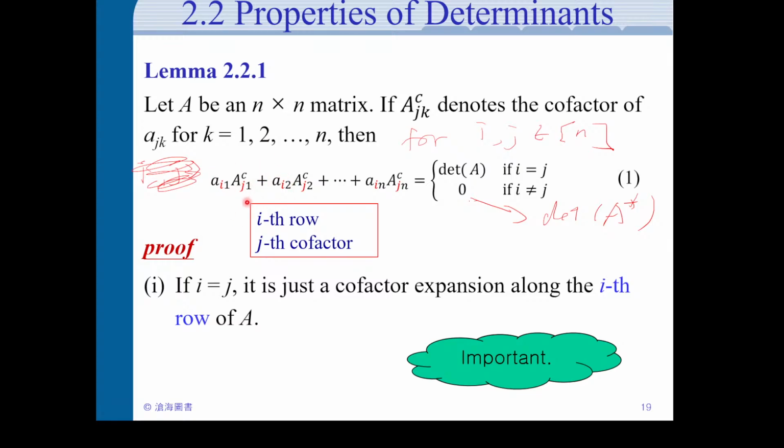So i and j might be the same or different. We have a_i1 multiplying a^c_j1, and a_i2 multiplying a^c_j2, etc. So we have a_ik multiplying a^c_jk, and summing together. Now this is a weird thing.